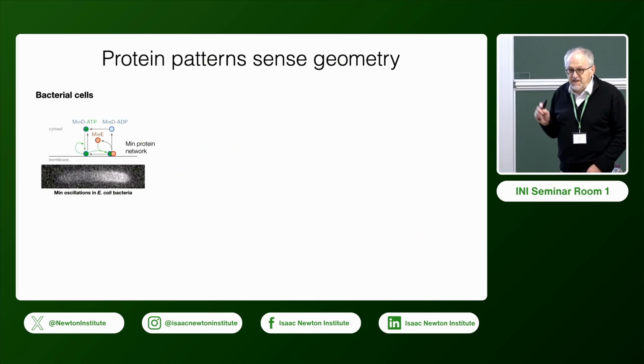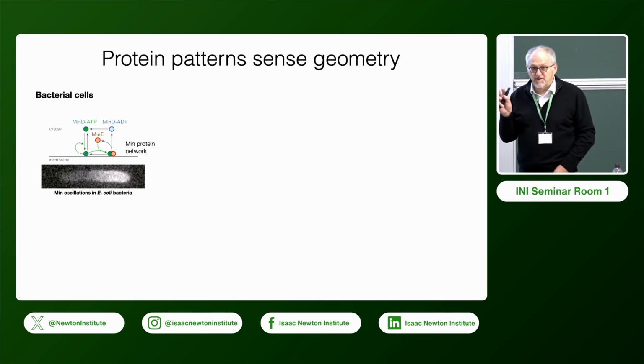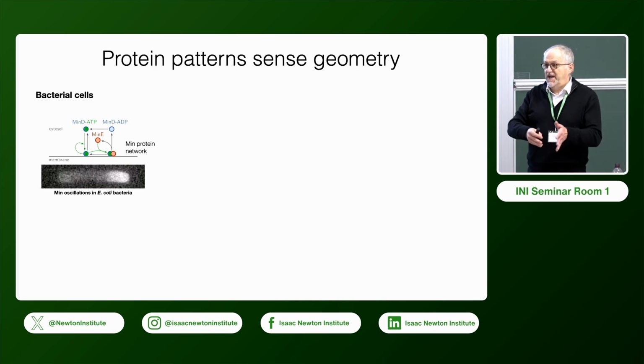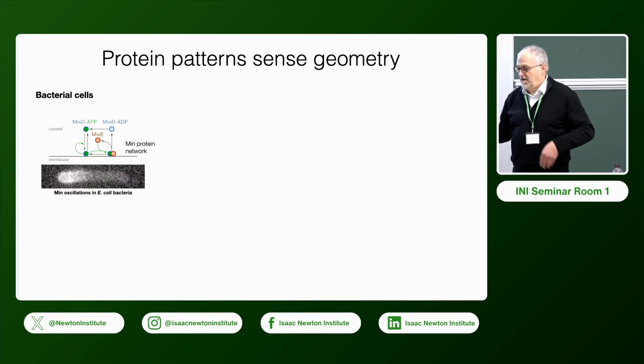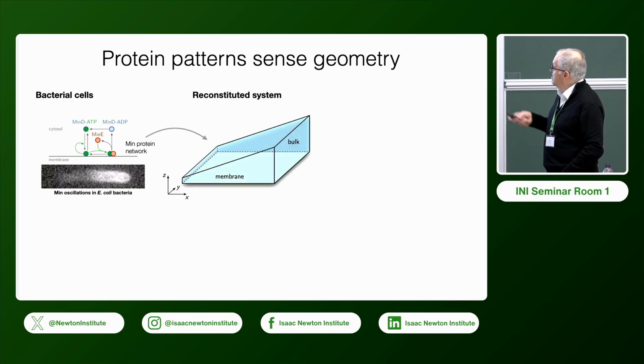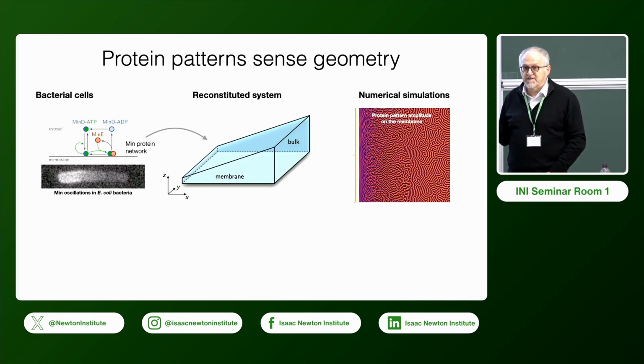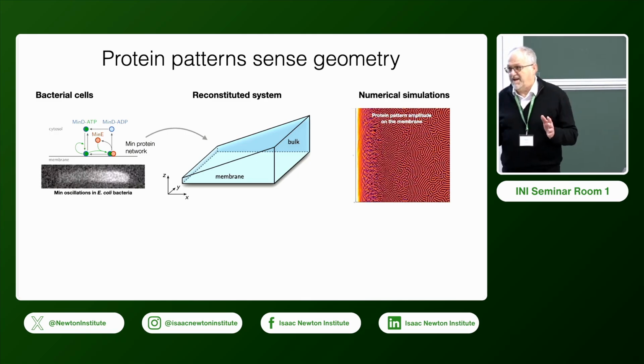Now, if you take this innocent looking protein pattern that you see here, which just does this nice oscillation to define the midplane, you take it out into an artificial reconstituted system. So for example, in a wedge-like system like so, then you see on the computer, if you simulate the system, all kinds of patterns.